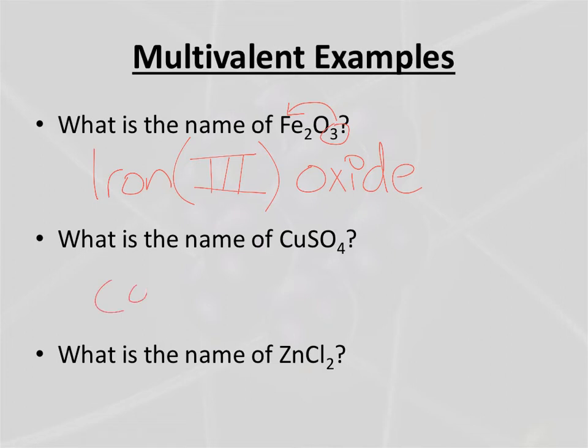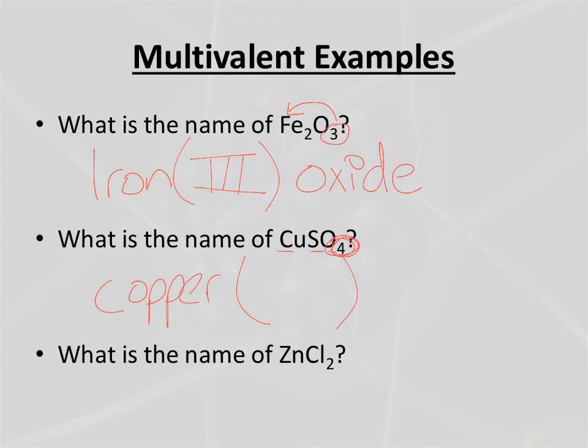All right, next example, CuSO4. Cu is copper. Copper is in the middle, so he's definitely going to need a Roman numeral. And we need to figure out his charge. Okay, well, most of you are probably looking at that 4 and thinking, oh, well, copper's charge must be 4. That is not correct. That is inaccurate because this has 1, 2, 3 capital letters.